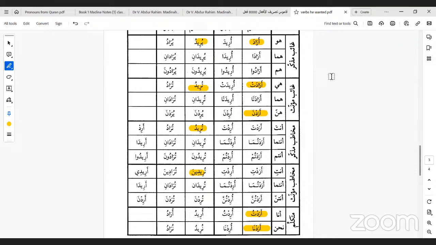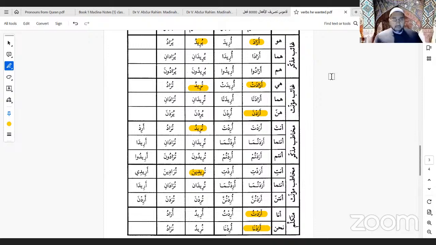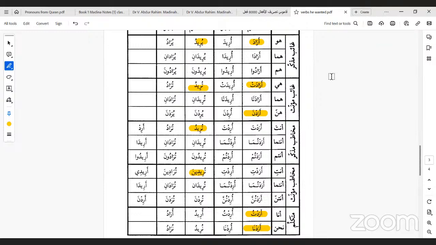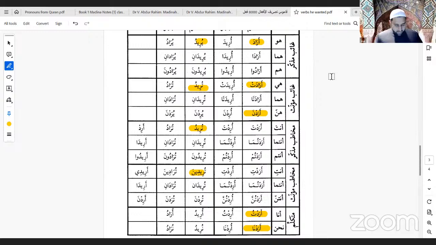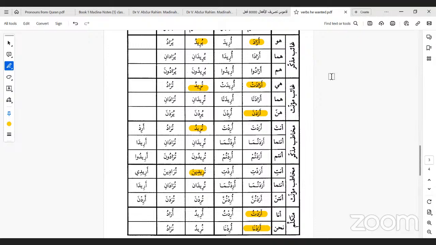Yep. Anta tuqimu. Antuma tuqimani. Antum tuqimuna. Anti tuqimina. Antuma tuqimani. Antunna tuqimna. Ana uqimu. Nahnu nuqimu. Excellent. Thank you for that.